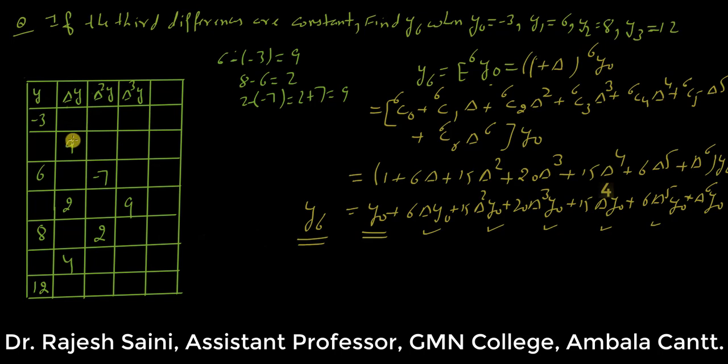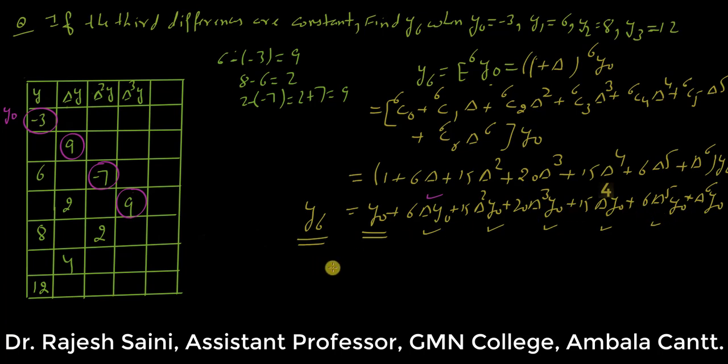So this is the value of y0, this is the value of delta y0, this is the first value in this column, delta square y0, and this is the value of delta cube y0.